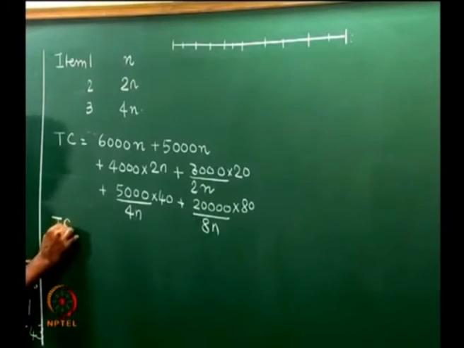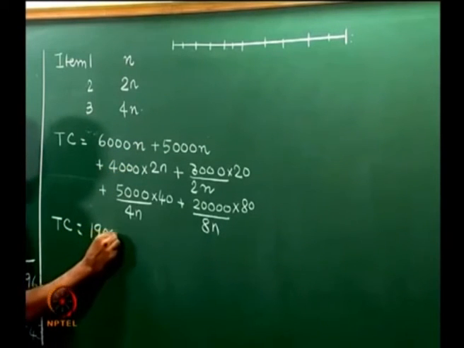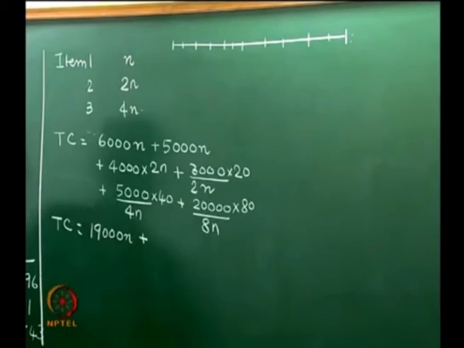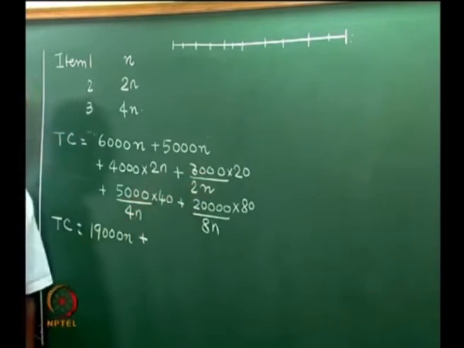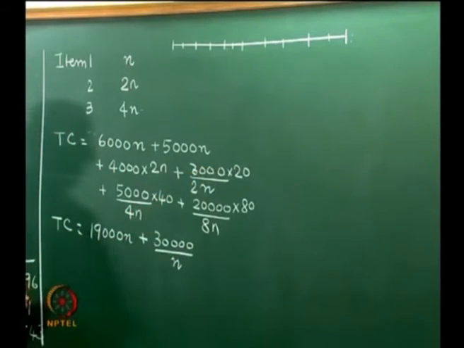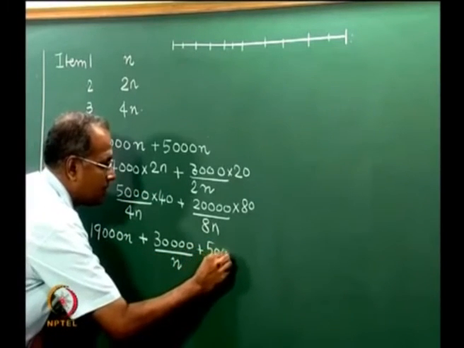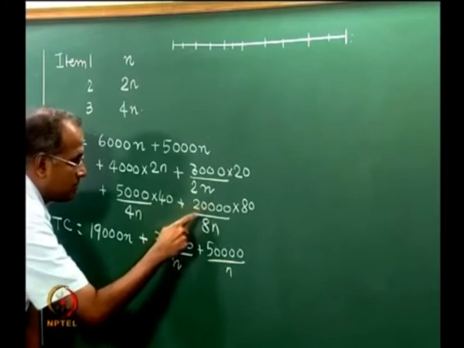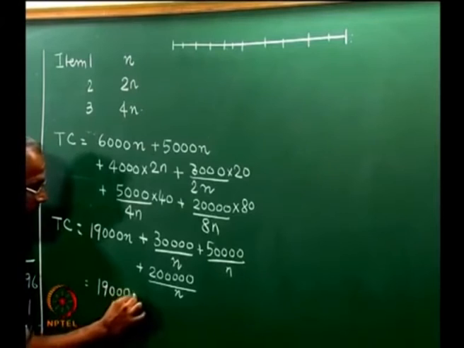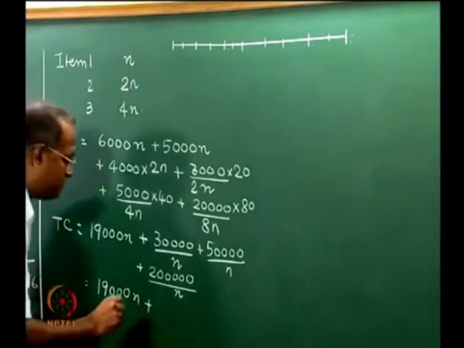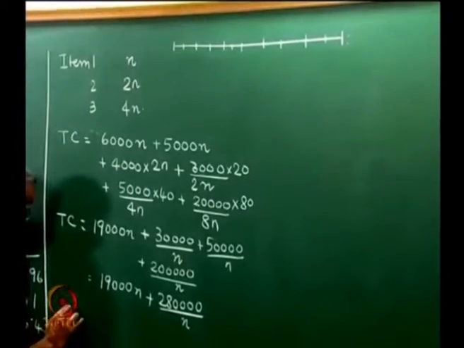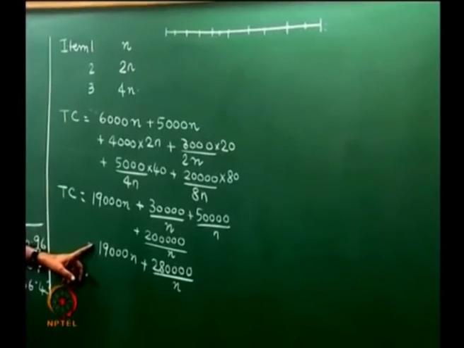So, now Tc is equal to 6 plus 5, 11 plus 8, 19,000 N plus 30,000 divided by N, 30,000 divided by N, this 2 gets cancelled into 10, this 4 also gets cancelled, plus 50,000 divided by N plus 200,000 divided by N. So, this is 19,000 N plus 280,000 divided by N. From which the optimum value of N can be found by differentiating this with respect to N and setting it to 0.